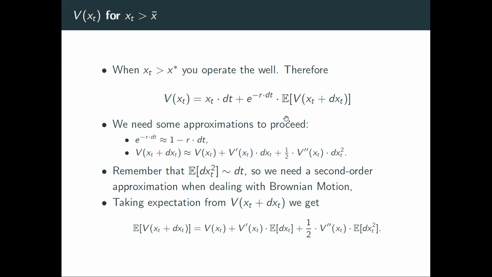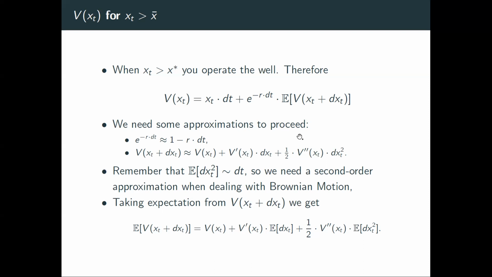Here is the value function where you have some argument plus some marginal change. And here you can use again the Taylor rule expression, but when you operate with the Brownian motion and approximate the value function, you always need to approximate up to the second order. Why?